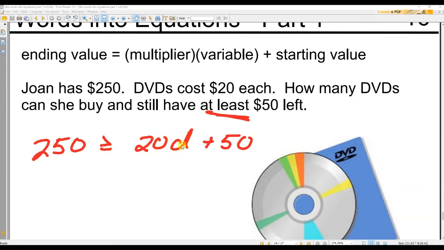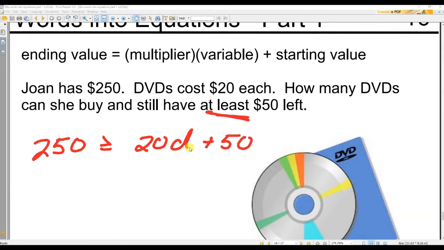Can she buy 1 DVD and still have $50 left? Yes. 2 DVDs and have $50 left? Yes, because if she buys 1 DVD, it's going to be 70. She's good. 2 DVDs, that's 90. She's good. 3 DVDs, what are we up to?